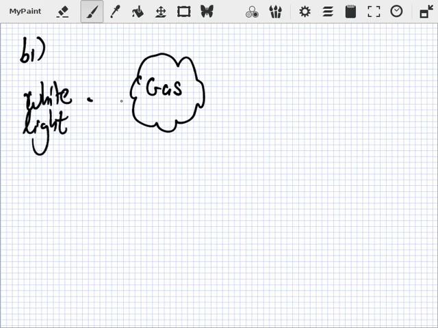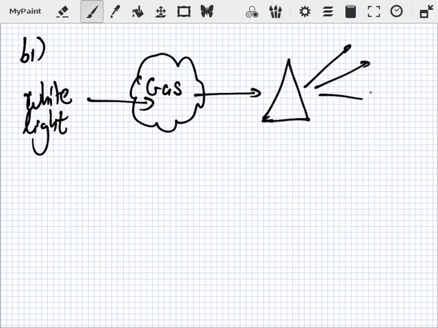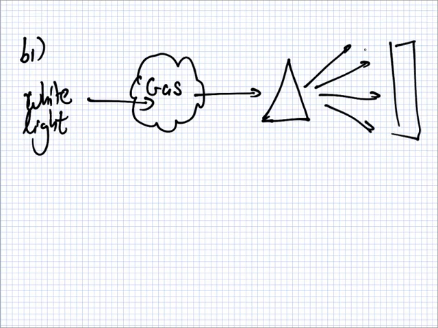You shine the white light through the gas and it comes out and goes through a prism and you get the spectra here. And we described this process. The question, although it said how, also had a why: what's the reason why some of the colours are missing?